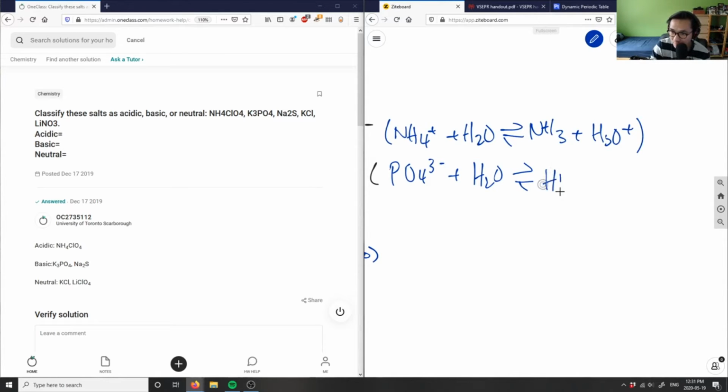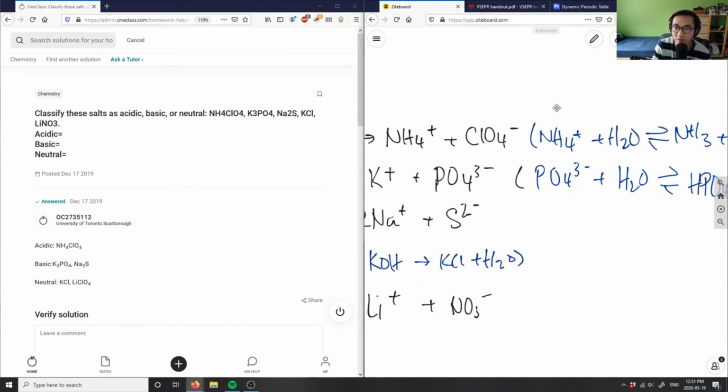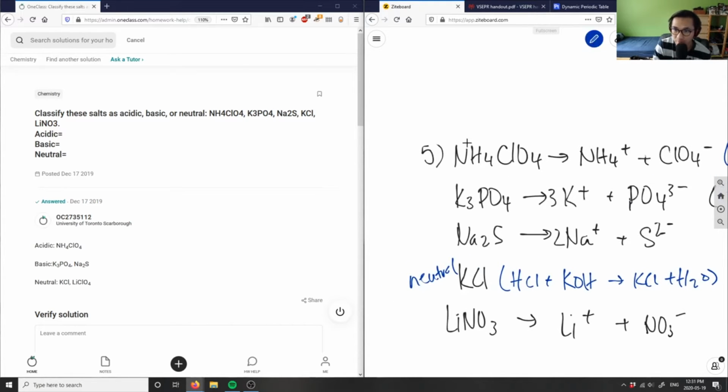So I have HPO4 2 minus plus OH minus here. And this here would be basic, right? Because again, I'm making a hydroxide here, so this guy here has to be basic. So number 1 here was acidic, like we said before. This guy here is basic because we're making, again, H3O plus and I made OH minus here.